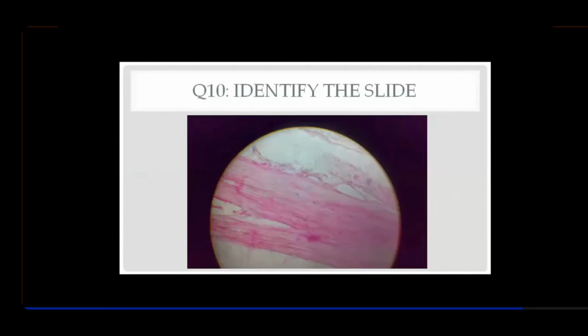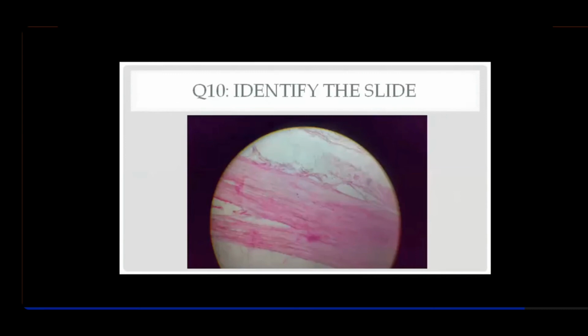Then the dense fibrous connective tissue is divided into two categories. One is a regular fibrous connective tissue, and the other is an irregular fibrous connective tissue. Irregular means there is a haphazard meshwork of fibrous tissue, and if all these collagens are placed parallelly, they form a regular dense fibrous connective tissue, right?